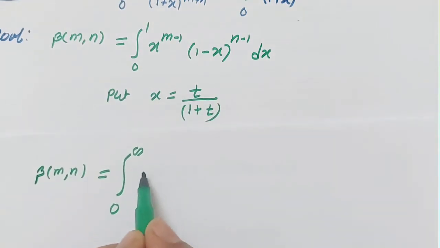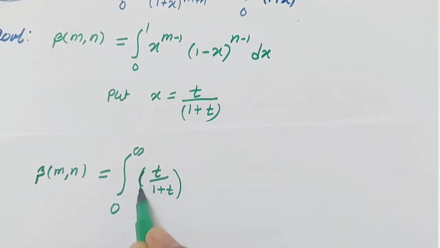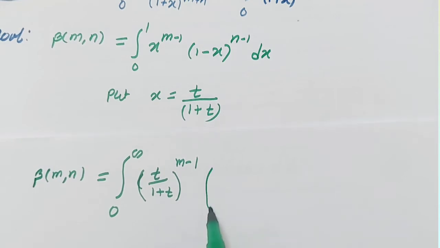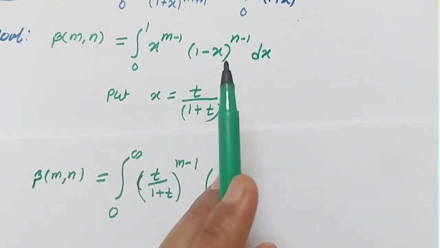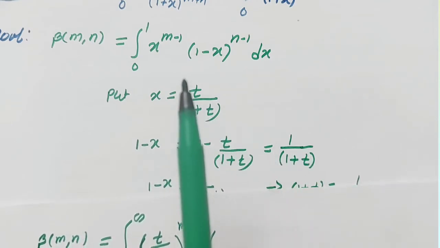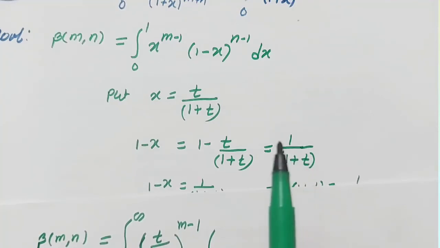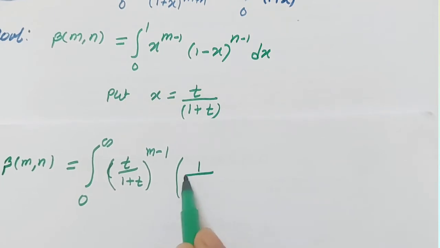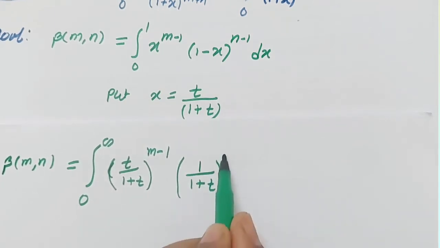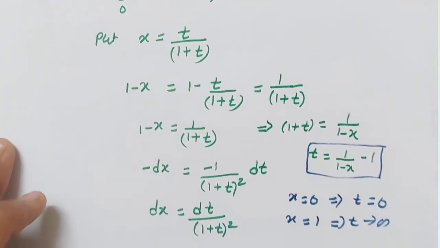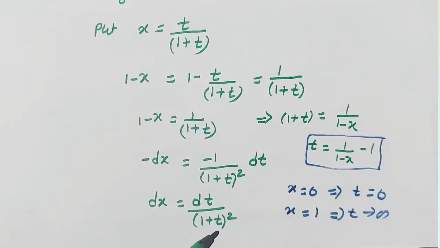So here it is (t upon 1 plus t) raised to the power m minus 1. The next term is 1 minus x, and we know the value of 1 minus x is 1/(1 plus t). So instead of 1 minus x we write (1/(1 plus t)) raised to the power n minus 1, into dx, and the value of dx is dt upon (1 plus t) whole square.